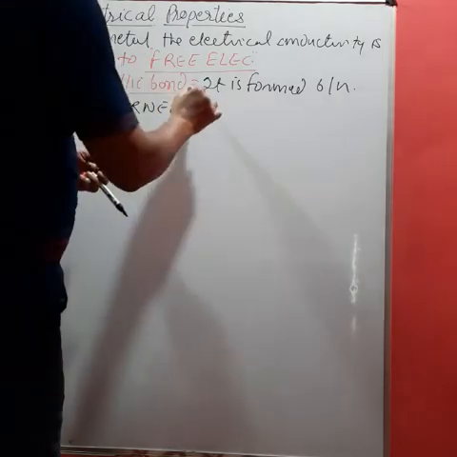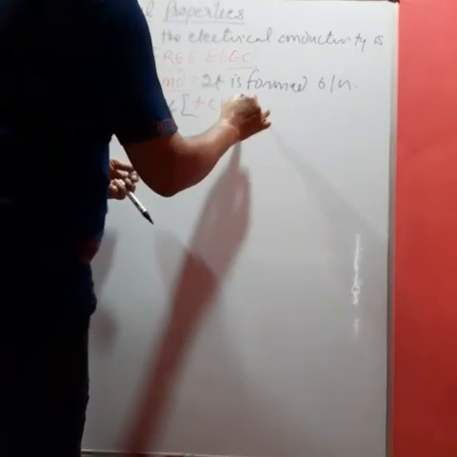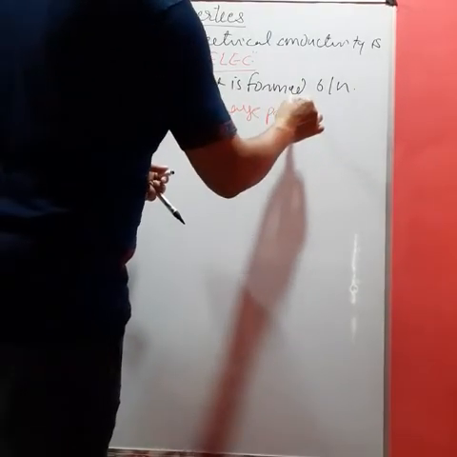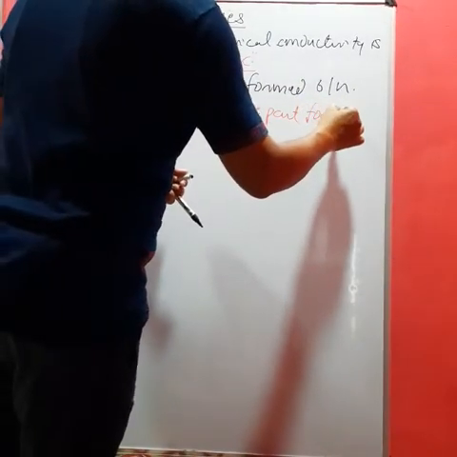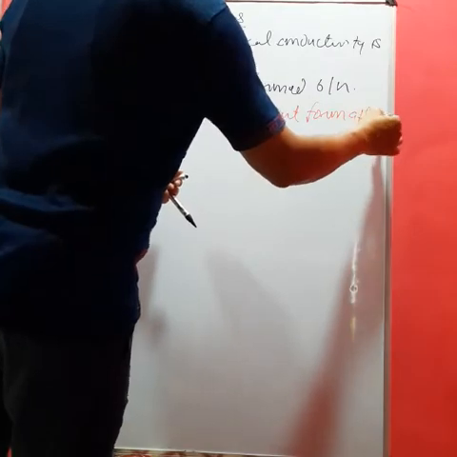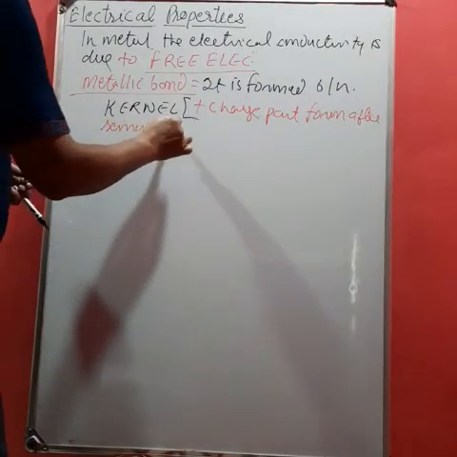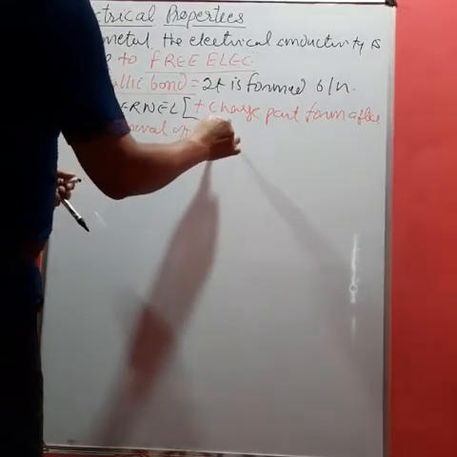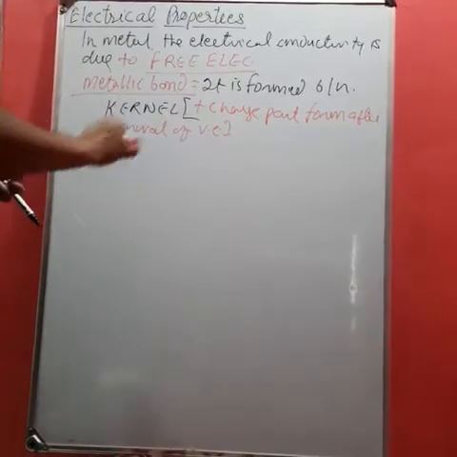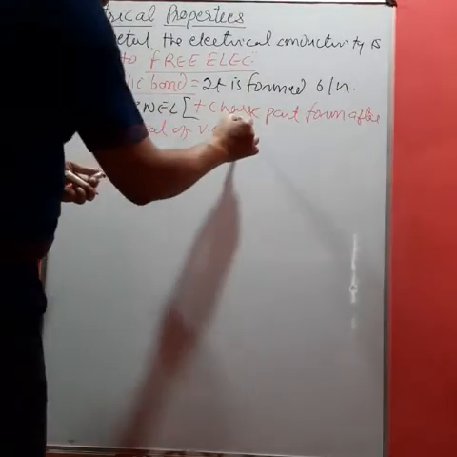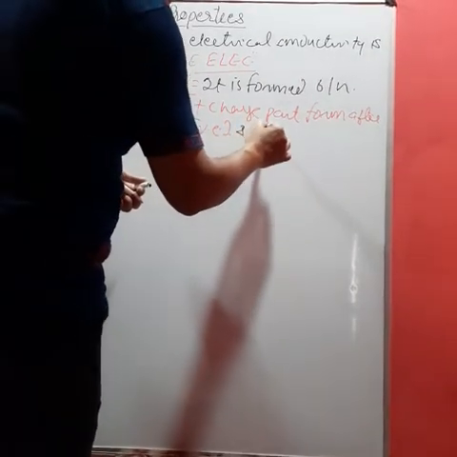This is the positive charge part formed after removal of valence electron. Okay, so it is formed between kernel and what? Moving electron.